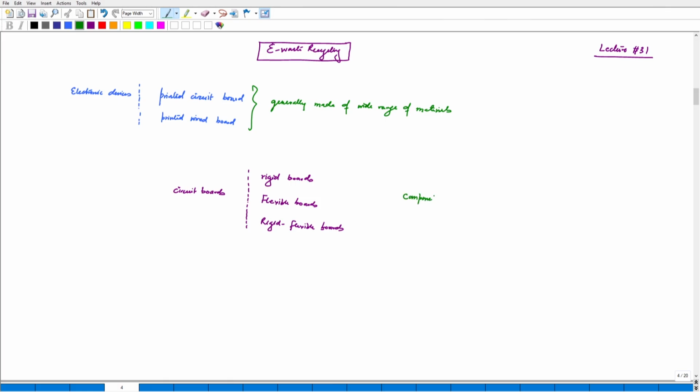Electronic components can be generally classified as surface mounts or through hole components. So we can have surface mounts or through hole components. What do we mean by that?